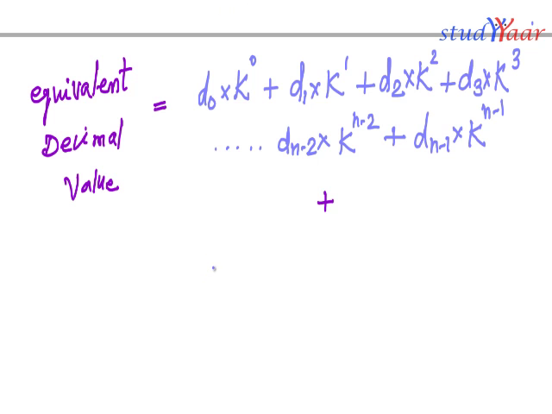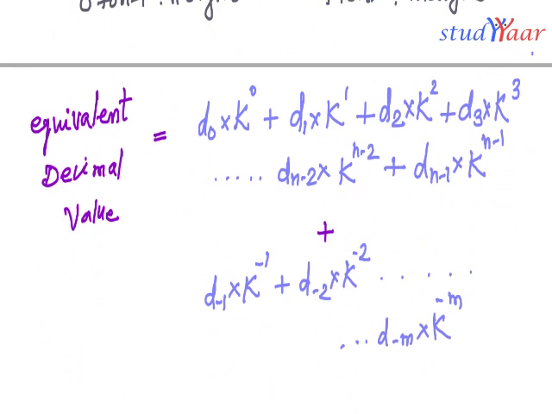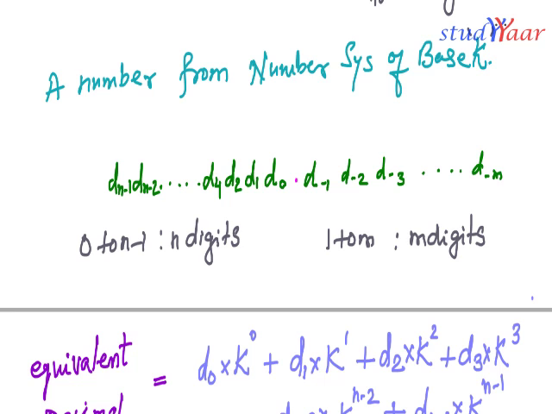My fractional value would be d raised to d minus 1 into k raised to minus 1 plus d minus 2 into k raised to minus 2. We do this until we reach d minus m into k raised to minus m. Okay. So this is my equivalent decimal value.